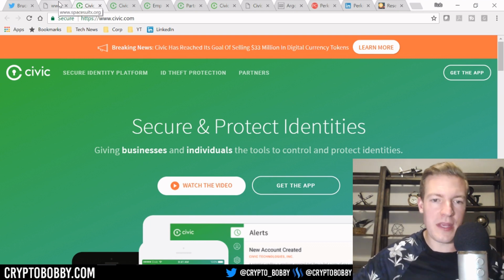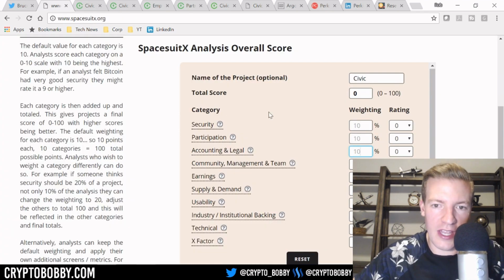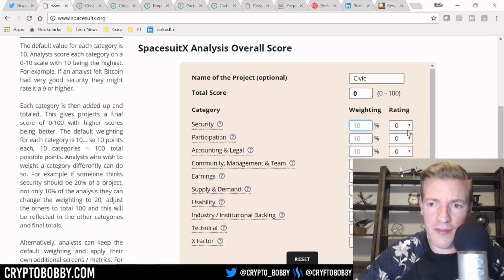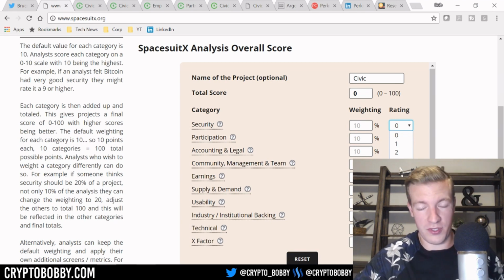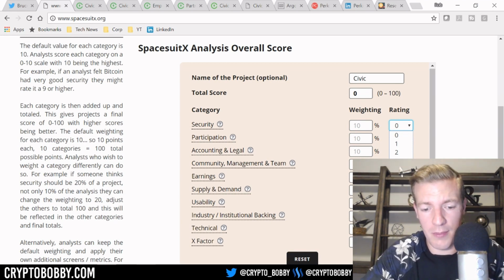As far as security goes, I would give Civic a 9 out of 10. I've used the platform so far and had a good experience with it.